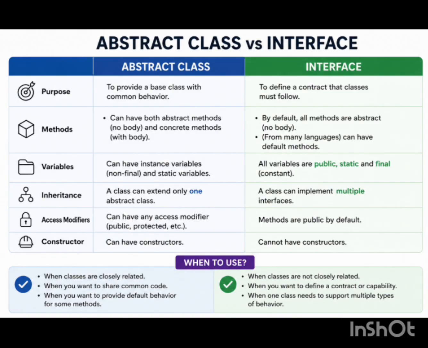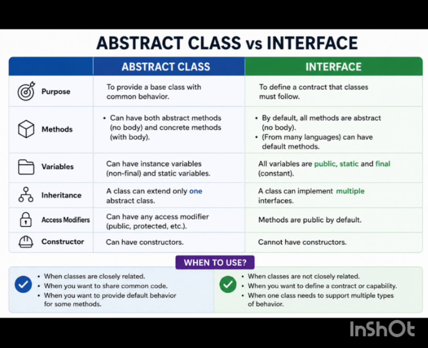In previous videos I explained what abstract class and interface are. In both cases we have abstract methods, meaning just declared methods. The class that implements these has to provide the implementation.